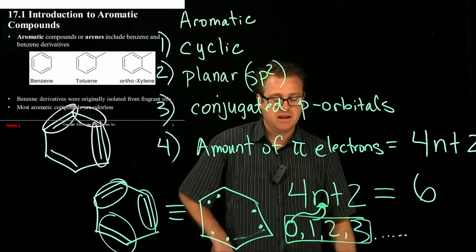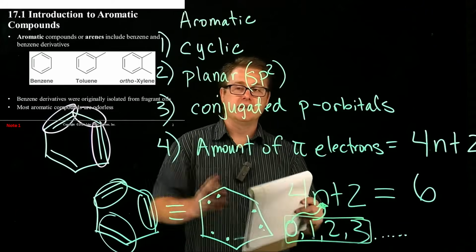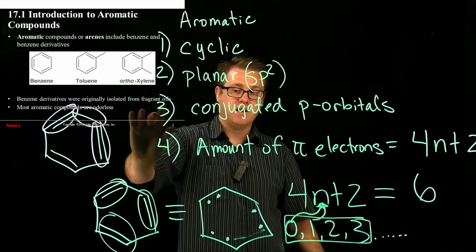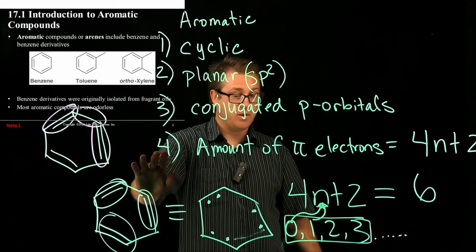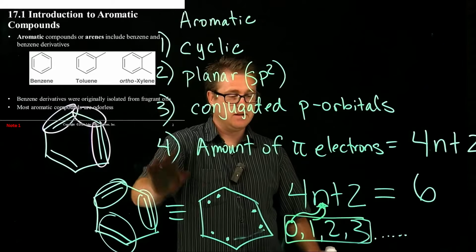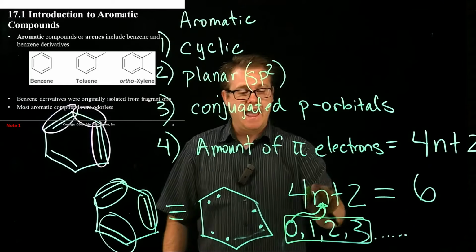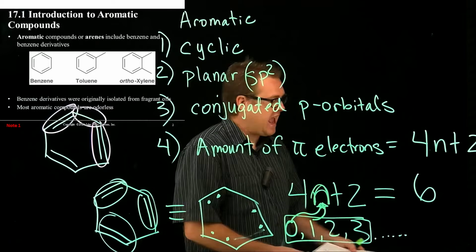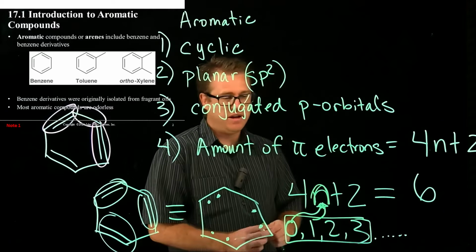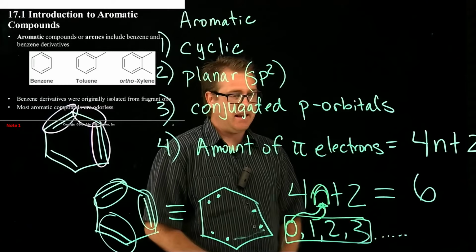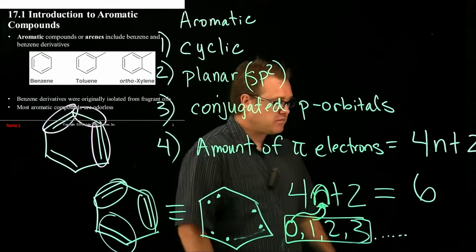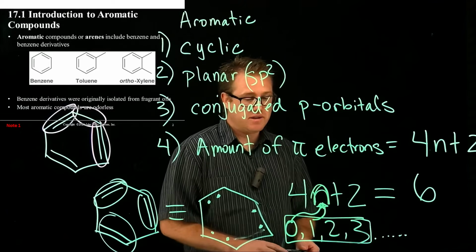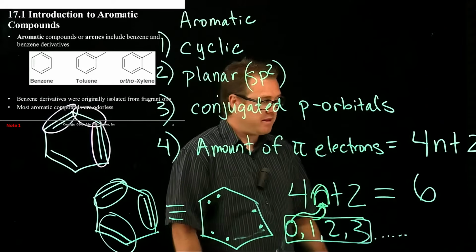So benzene is in fact aromatic because it satisfies these 4 requirements. Okay? So just remember this n term right here. It is just any whole number integer to make that statement true. So I'm going to pause the video for a moment to clean the board, and then we'll come back.